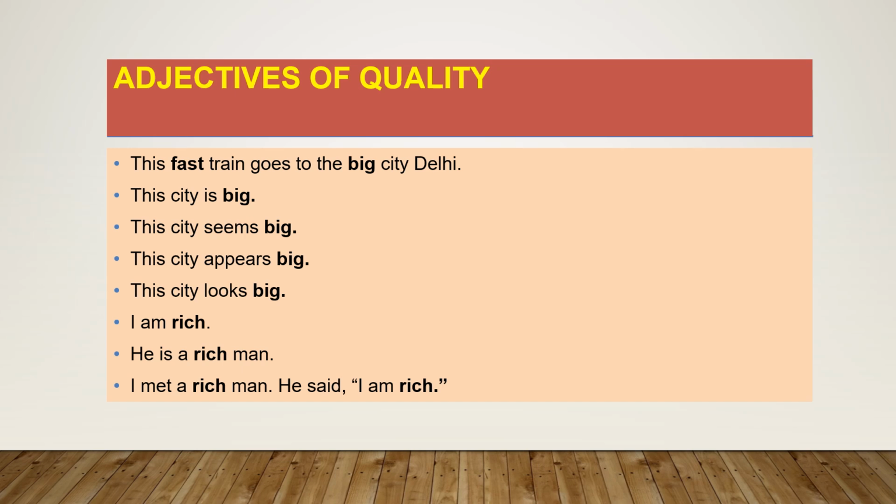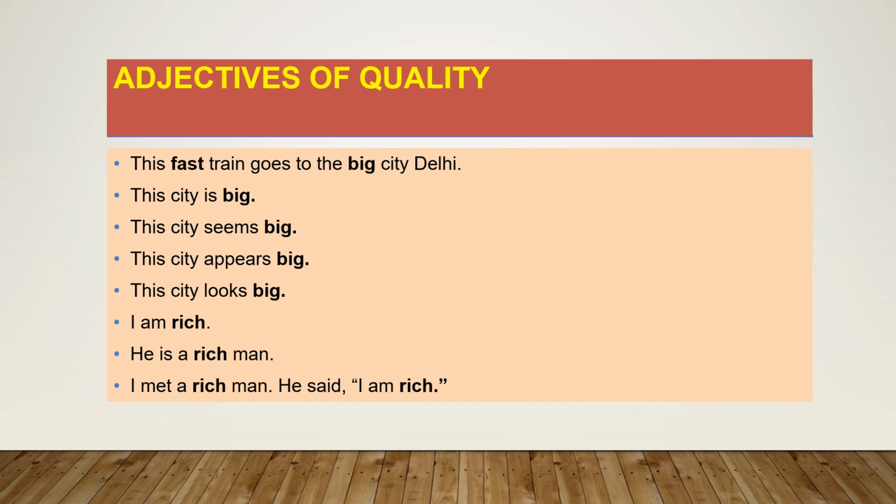That is why the noun is in front. The adjective which qualifies that noun comes after the verb. There is no other noun in the sentence. So the adjective qualifies the subject noun. But instead of saying this big city, it is saying this city seems big. Then we have another, I am rich.